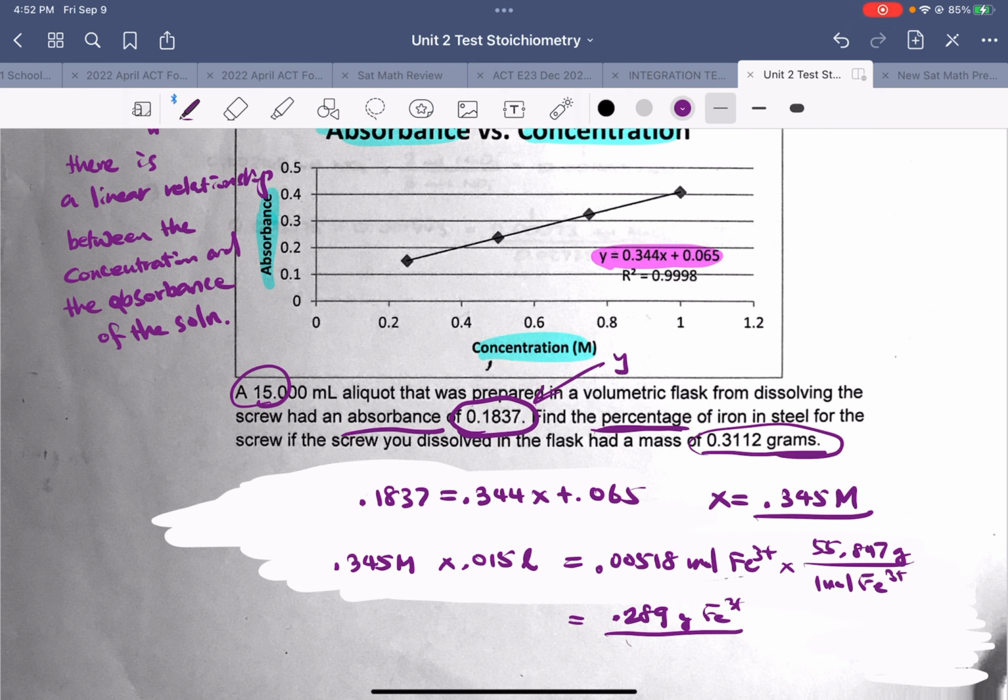Out of that mass, that much mass is iron. So 0.3112 gram of your mass, times 100, and you're going to get 93.0%.